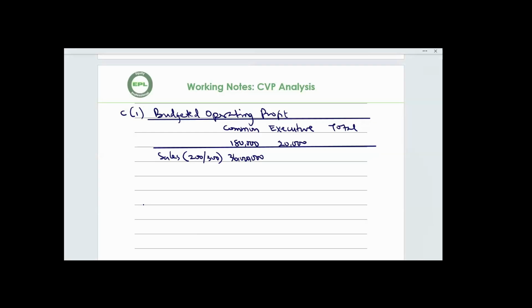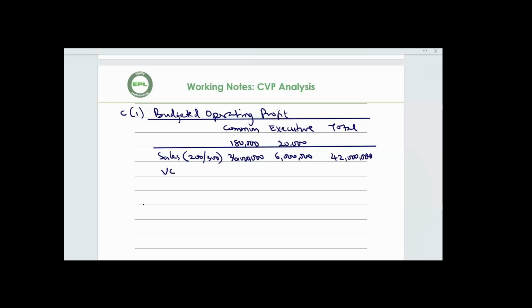Then 300 naira multiplied by 20,000 will give us 6 million. 6 million plus 36 million will give us 42 million. That's the total sales, overall sales.